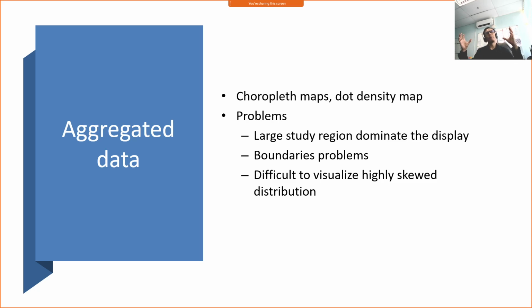For example, if you have Sabah and Sarawak, and if you imagine COVID-19 cases in Sabah are many, because Sabah is huge, you don't see Kelantan, Perlis, Melaka, you see, oh, Sabah, red. So because of that, a large study area will dominate the display.